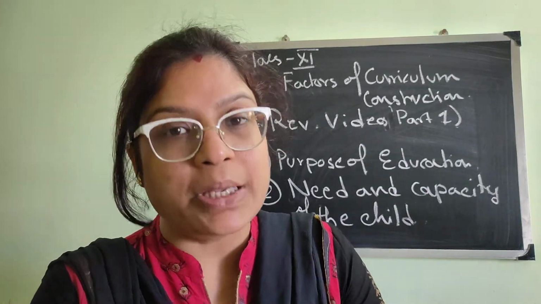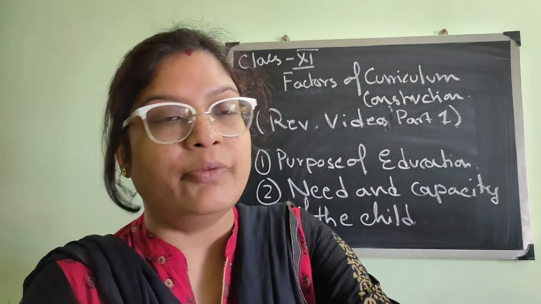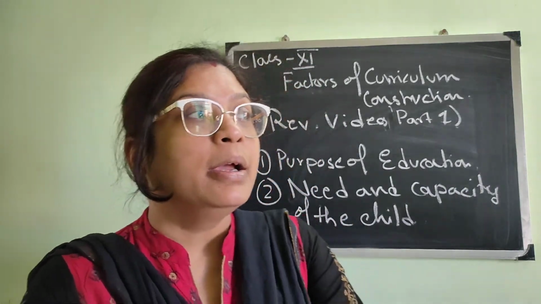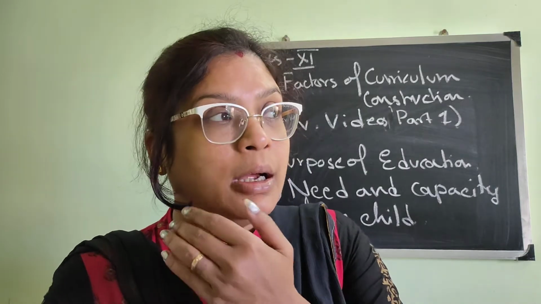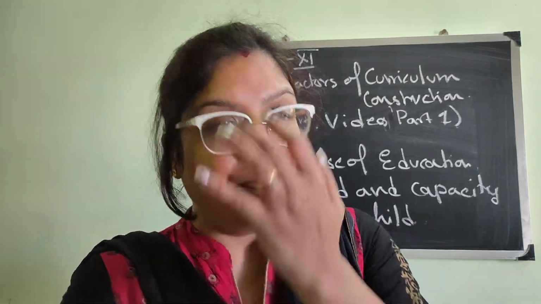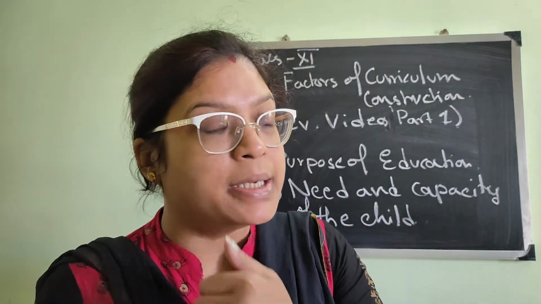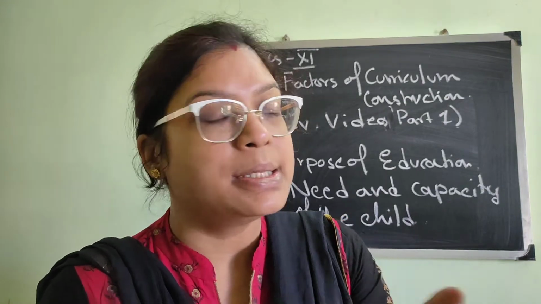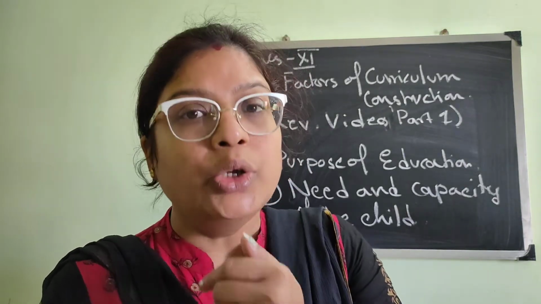That is your personal individual capacity, that is 100% individualistic. That is why the curriculum constructors have prepared options, like some of you have taken humanities, some are taking commerce, and some are taking science. So it is the individual's choice which subject you will take.